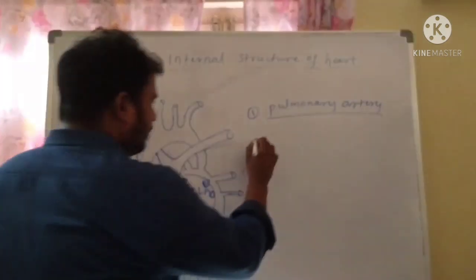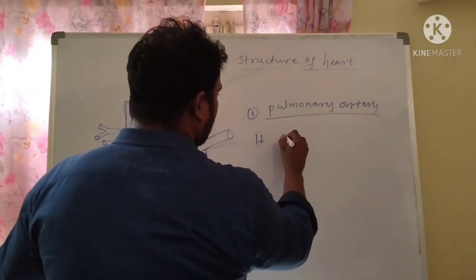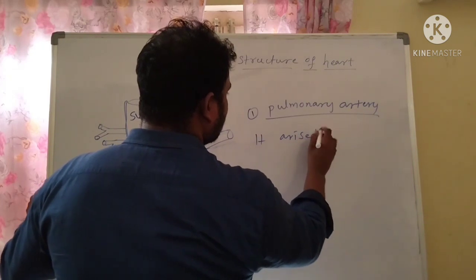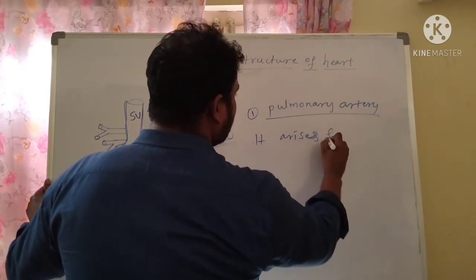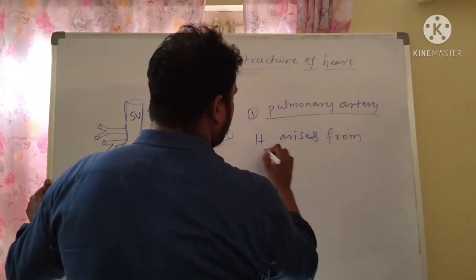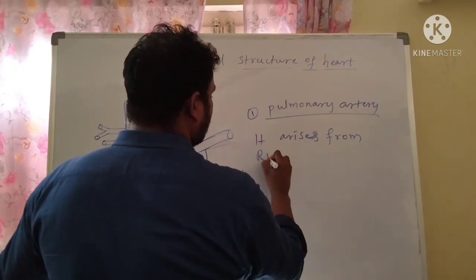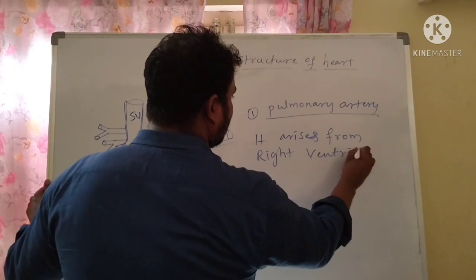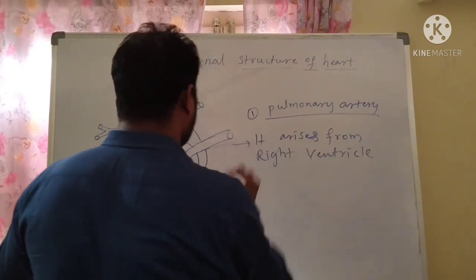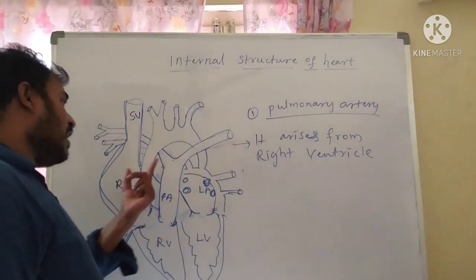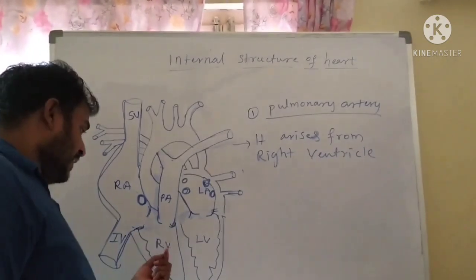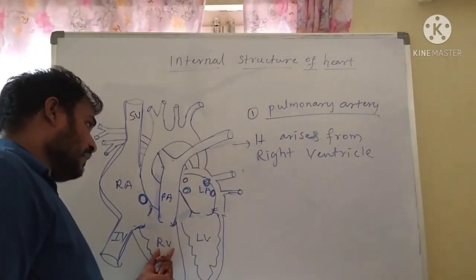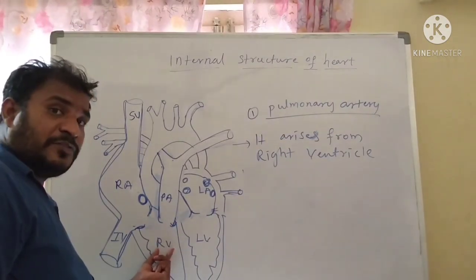It arises from the right ventricle. Pulmonary artery or pulmonary arch arises from the right ventricle.